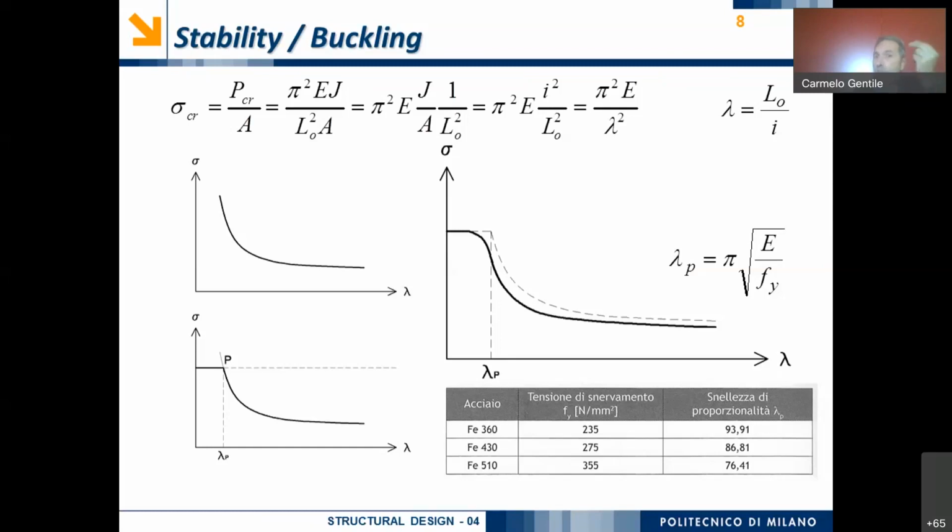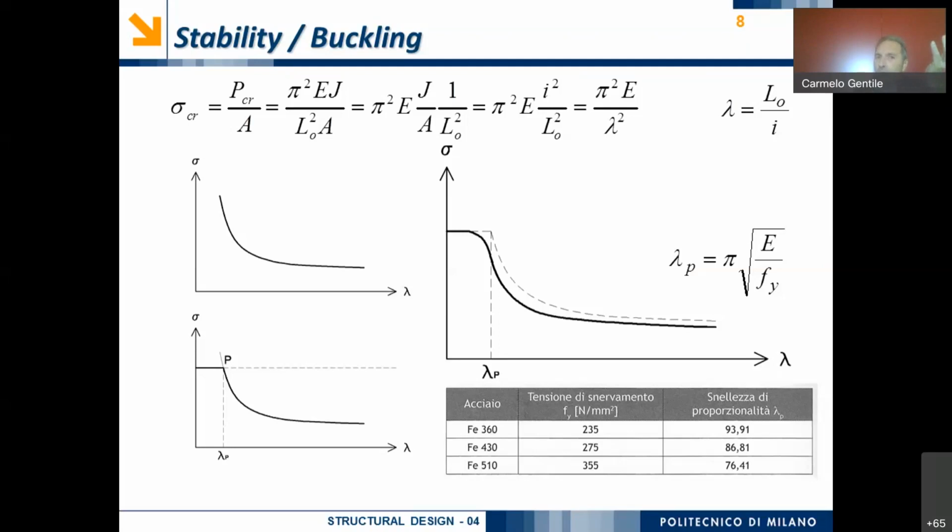So the ratio between J and A entirely expresses the effect of the cross-section. Because, for example, we can have cross-sections which are characterized by the same area, but by very different values of the inertia moment.